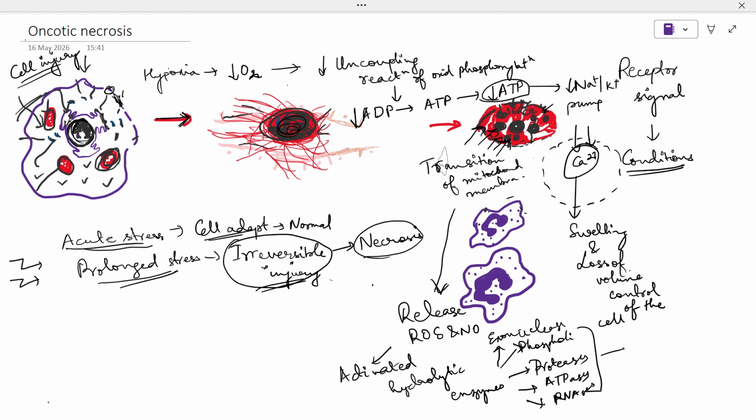All these enzymes collectively digest the dead cellular components present in the cell after the injury.